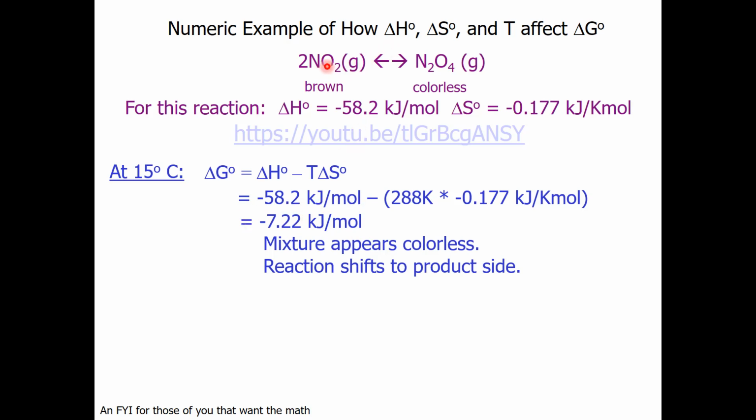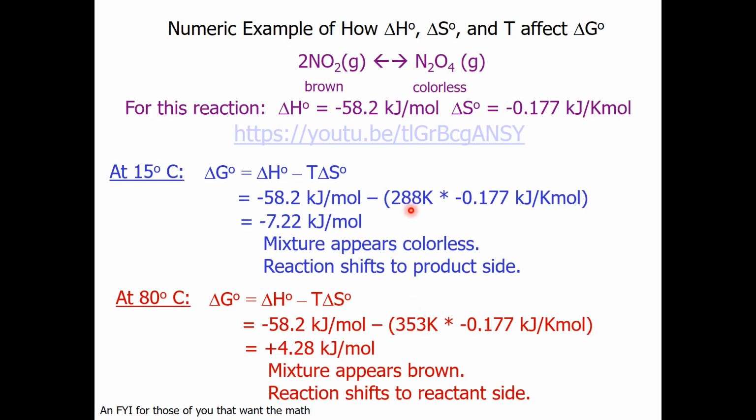That means the reaction goes spontaneously forward to make colorless product. So in a moment when I show the video, I hope you notice that at low temperature, the mixture is colorless. What happens at high temperature?